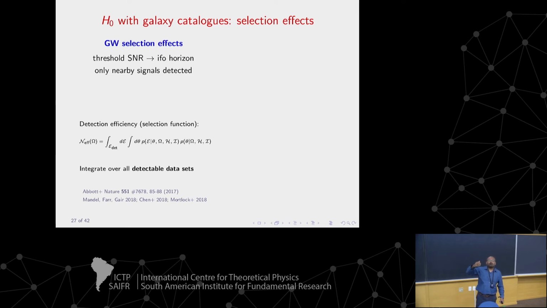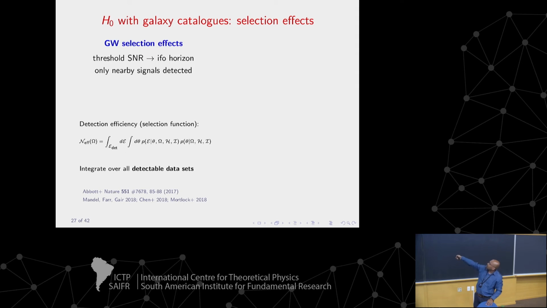And if one observes only the nearby signals, even looking at the linear Hubble law, dL H0 is Zc, if one has only small values of Z, if one has only small values of distance, one would be biased to high values of H0 just by this linear relationship.